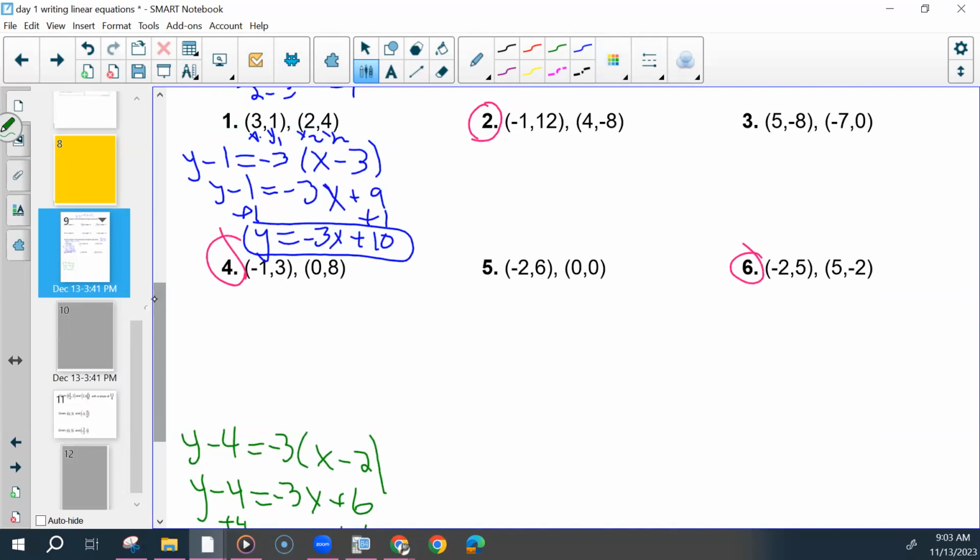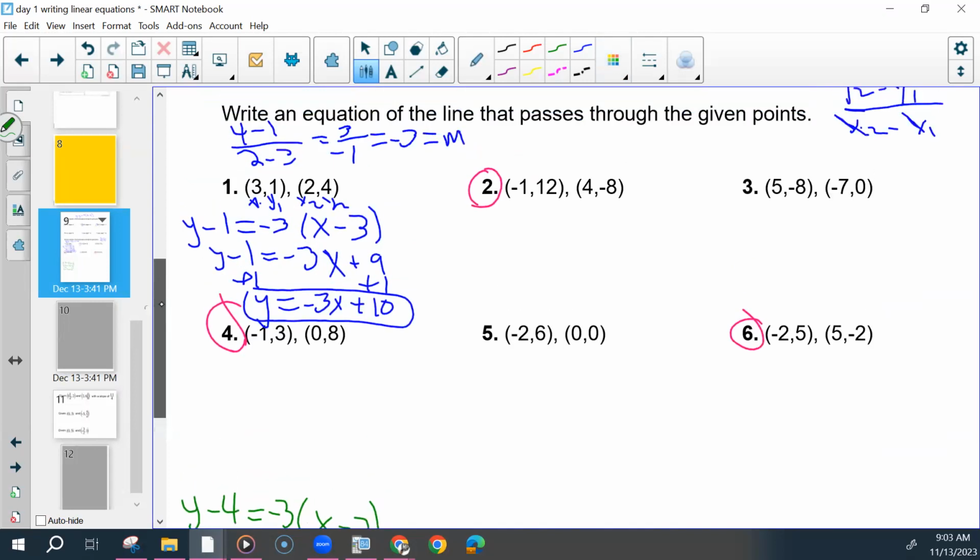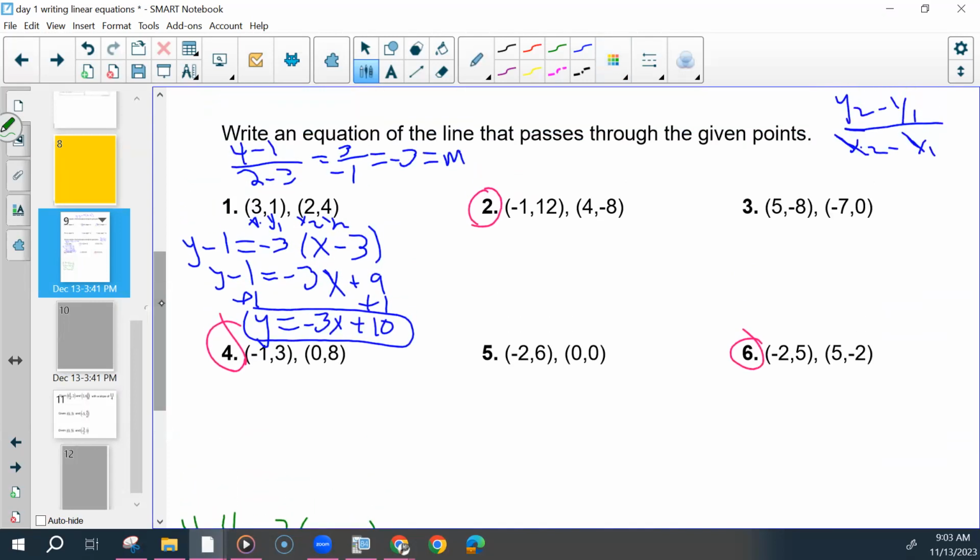Let's do number 2. Let's find our slope first. Label them if you need to. We have -8 minus 12 over 4 minus a negative 1.